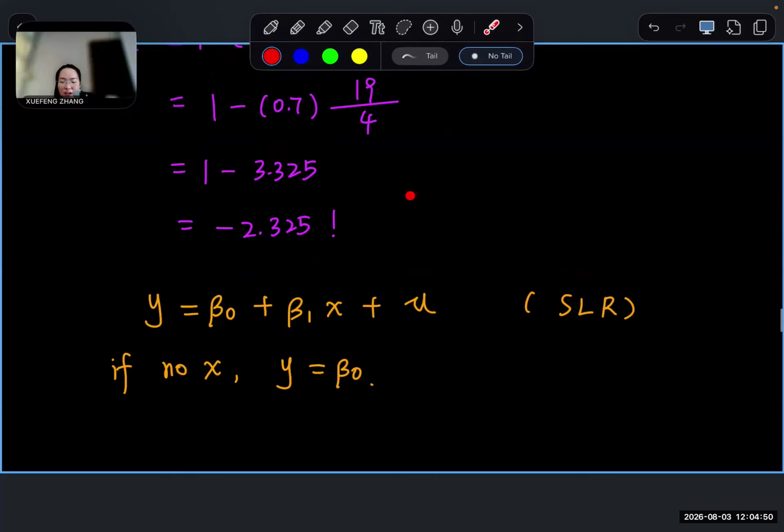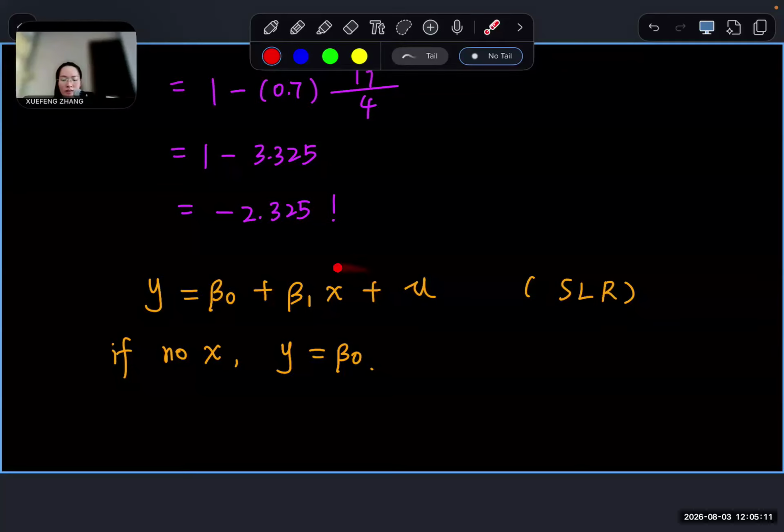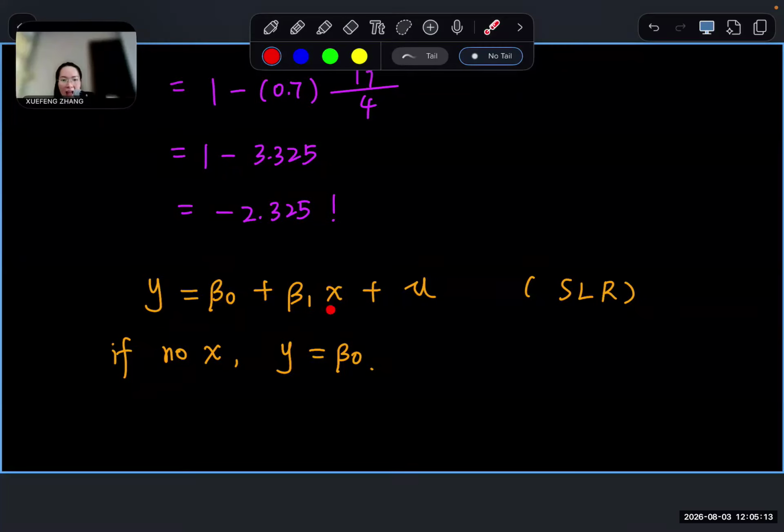Okay, so if you add too many x but your adjusted r squared is negative, that means the x that you added in your model doesn't help explain y at all. Let me repeat. A model with no regressor at all has r squared equal 0.